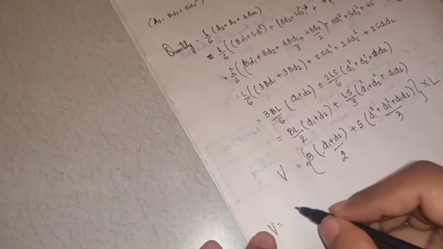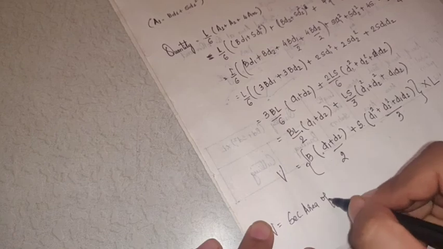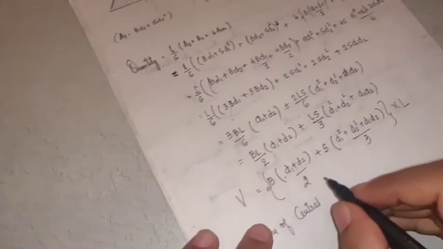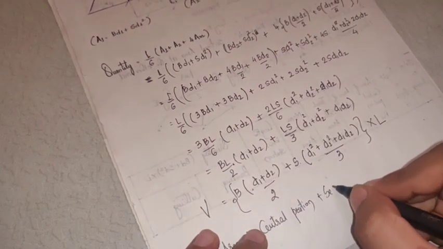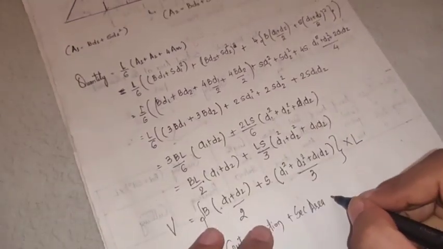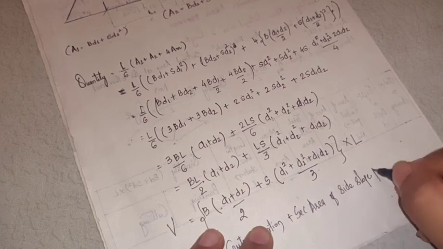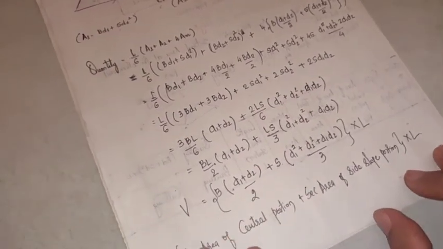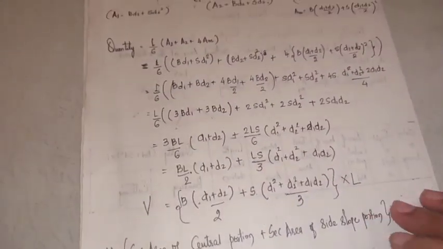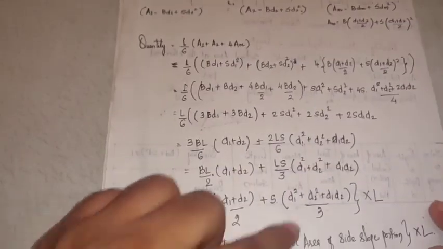So volume is given by the sectional area of the central portion plus the sectional area of the side slope portion, which is in the flower bracket, and this I'll multiply with length. This is the prismoidal formula for volume calculation.